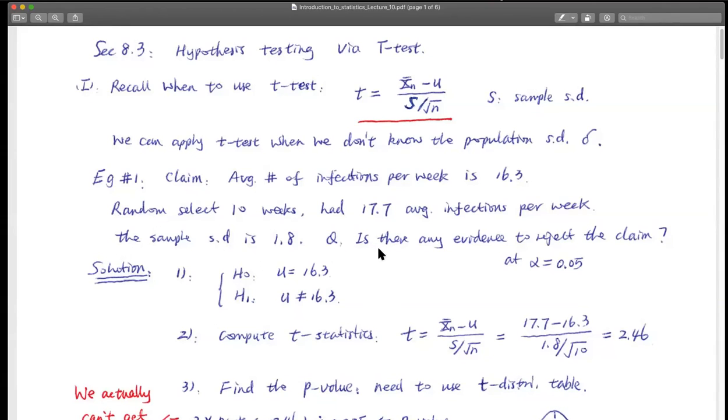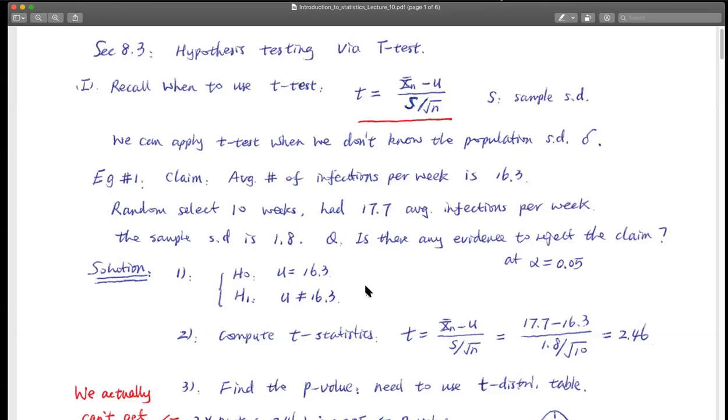Question: is there any evidence to reject the claim at alpha equal to 5%? So everybody, sometimes if they didn't say what the alpha is, by default, alpha is 5%. It's like when we talk about the confidence, if we don't mention the confidence specifically, by default the confidence is 95%.